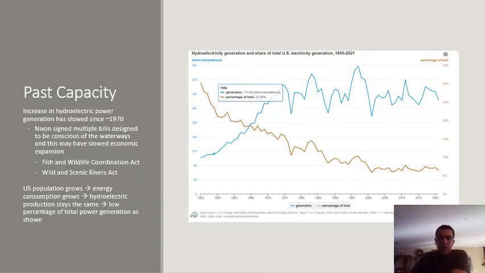So a little bit about the past capacity. You can see that the total capacity was growing quite rapidly, and then in about 1970, 1975 maybe, it slowed down, and Nixon had created these bills that were a little bit more environmentally conscious and watching the waterways and fish and wildlife and stuff like that.